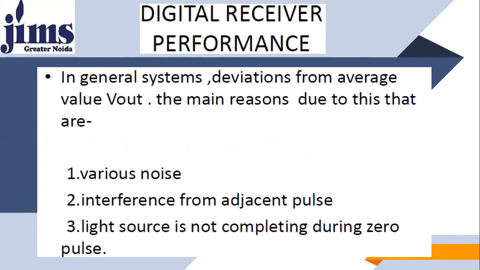Sometimes this V out deviates from its real value, because various types of noises are generated inside the receiver, and there are also chances of interference from adjacent pulses. These are reasons for deviations from the average value of V out.